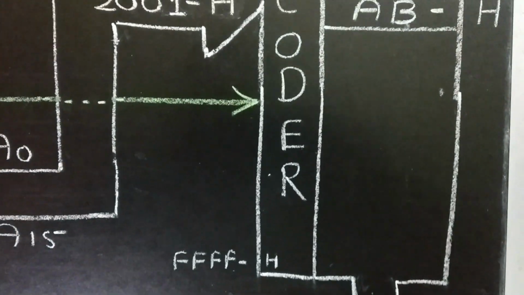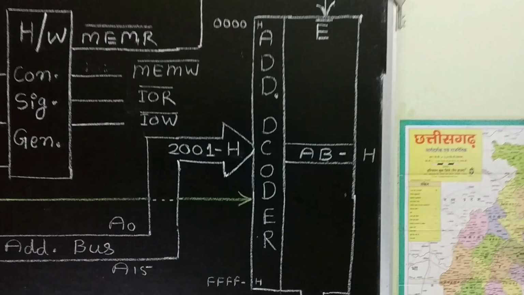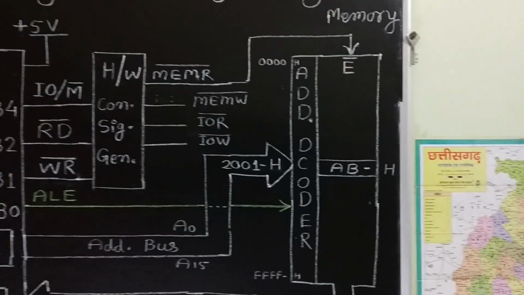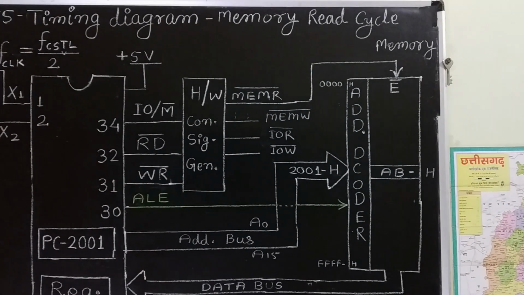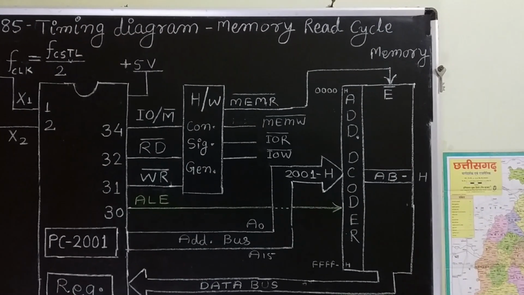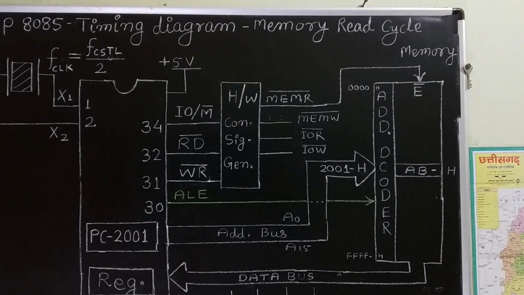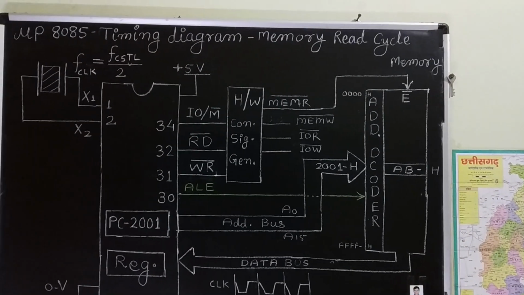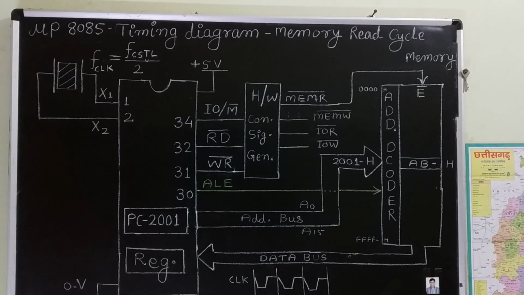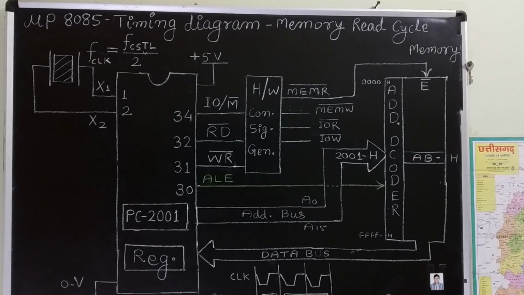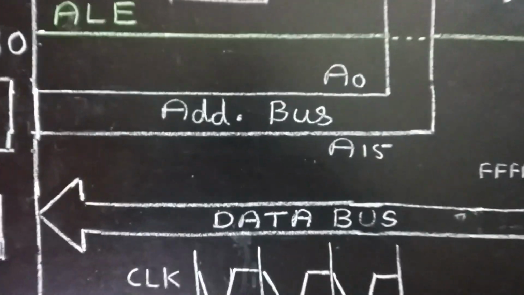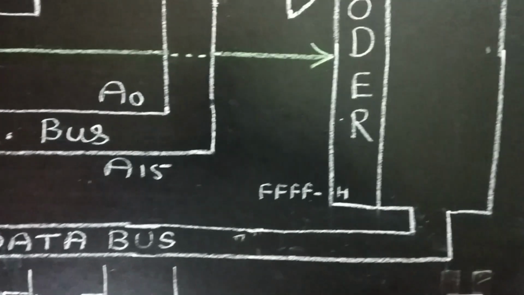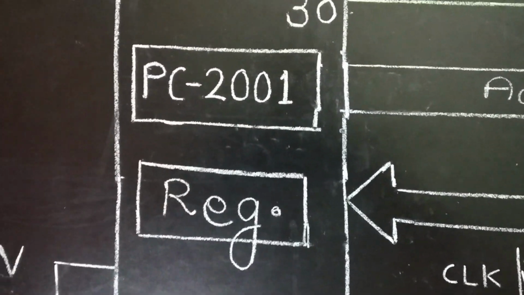Thus, 64 kilo locations can be attached to the microprocessor, and from each location, if a memory read operation is to be carried out, the content of the memory should be transferred via the data bus from memory to the processor.